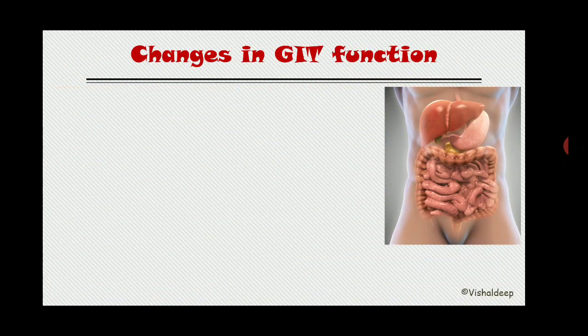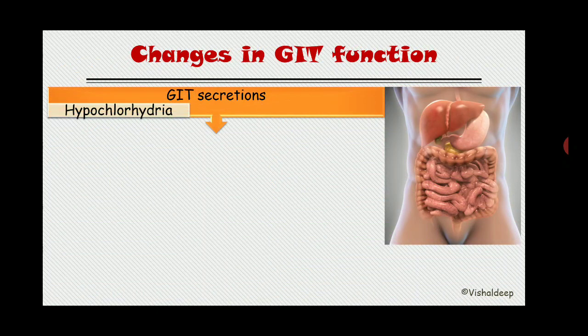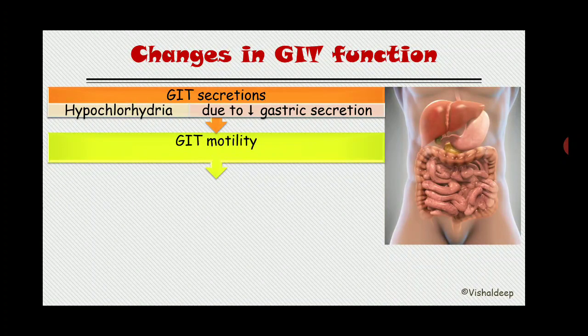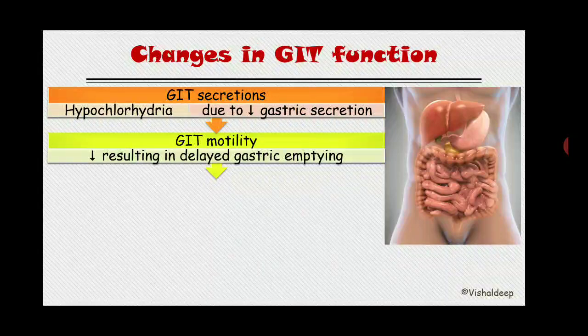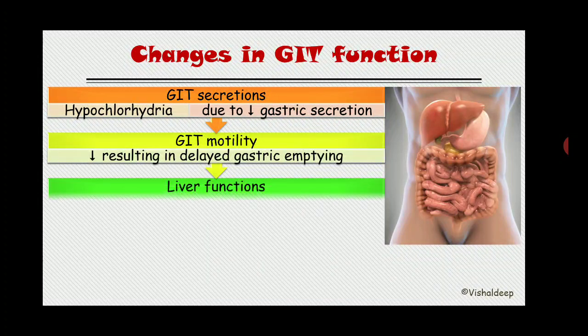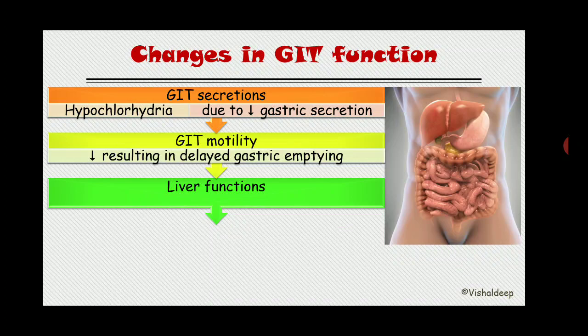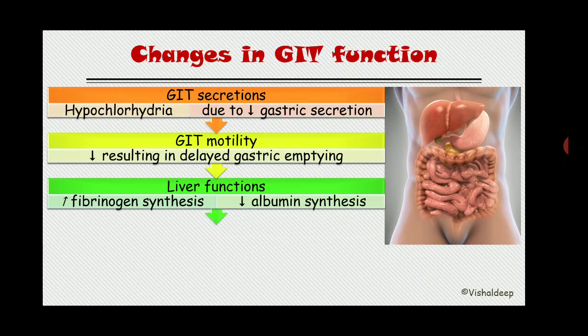Now the changes taking place in the GIT function. As far as the GIT secretion is concerned, there is hypochlorhydria. What is hypochlorhydria? It is decreased HCl secretion, due to decreased gastric secretion. What about the GI motility? Decreased motility basically means delayed gastric emptying. Now, what about the liver function? As you already know, there is increased fibrinogen synthesis and decreased albumin synthesis.